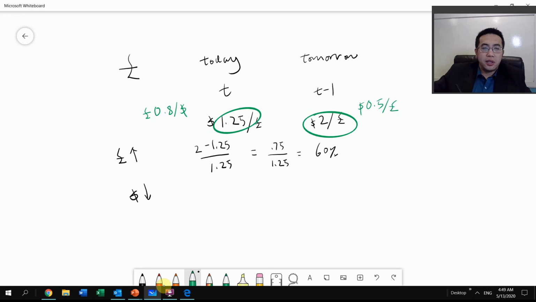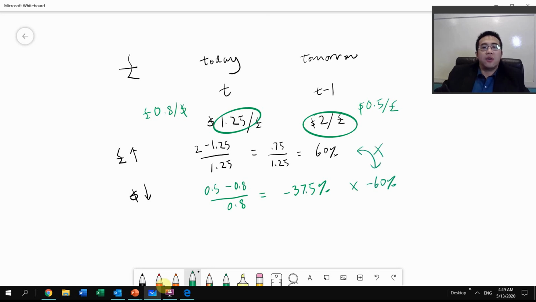Okay, and this will use the same formula: later rate minus earlier rate divided by earlier rate, and this will be negative 37.5%. So the amount is not negative 60%. We cannot just do this. You have to restructure your calculation like that.